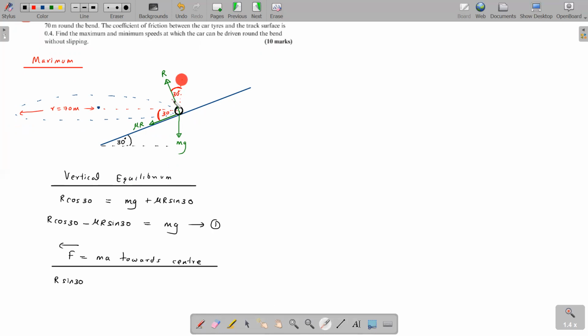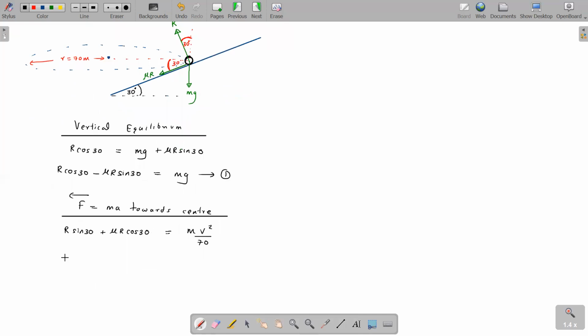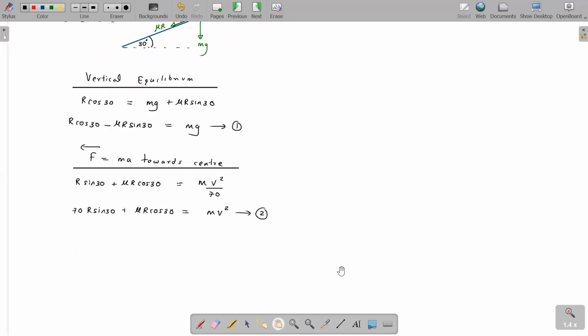R cos 30 is acting upwards, R sine 30 is towards the center, plus mu R cos 30. Normal reaction sine 30 plus mu R cos 30 equals, we are trying to find the maximum speed, so m v squared over r. The radius is 70, so let me move the 70 to the other side. I get 70 times R sine 30 plus mu times R cos 30 equals m times v squared, the second equation.